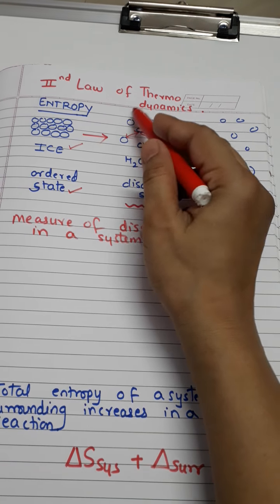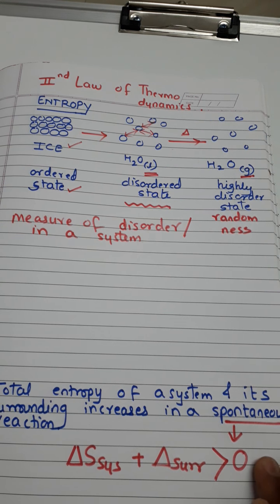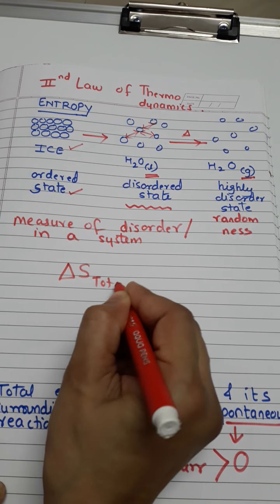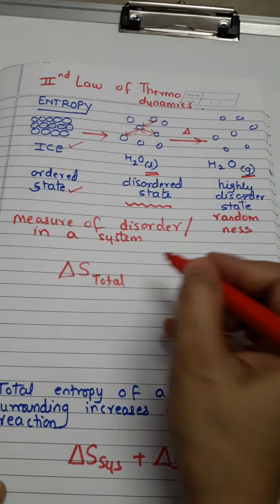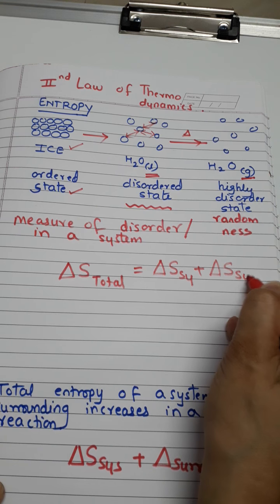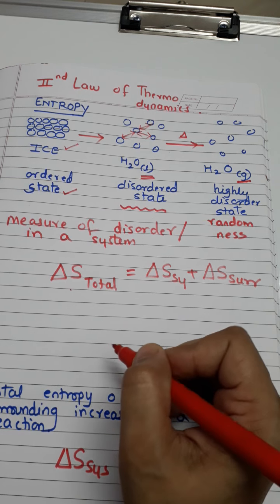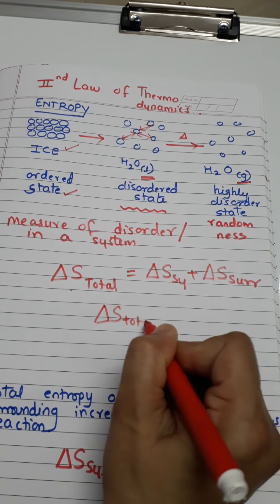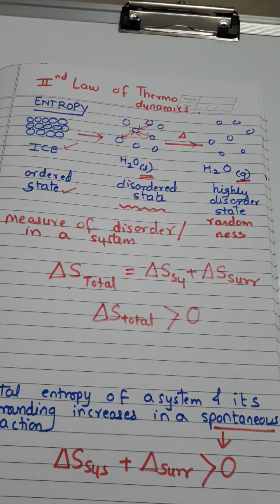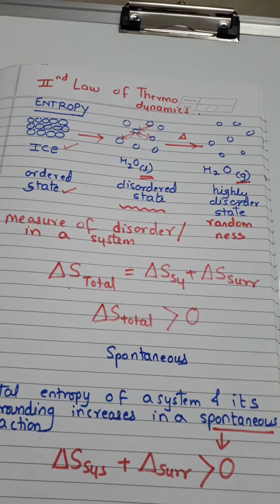So the second law of thermodynamics states that for a reaction to be spontaneous, the condition is that the total entropy of the system as well as the surroundings has to increase. So we write that total entropy has to be more than 0, then and only then the reaction will be spontaneous. It means then only the reaction will take place.